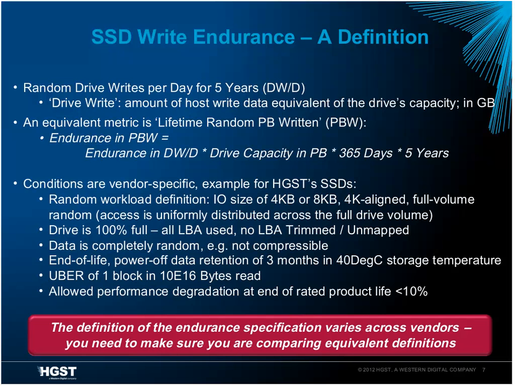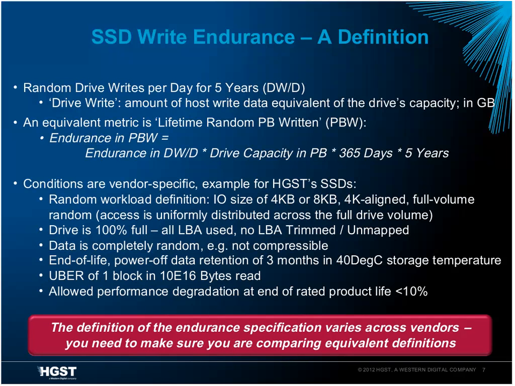And the conditions vary by vendor, but for HGST's SSDs, we spell out some of the worst case limits when we look at endurance metrics. Things like random workload with full volume uniformity distributed across the drive, 100% full drive writes, not fresh out of the box, completely random, so no compression, at end-of-life retention of 3 months after power off at 40 degrees C storage temp, and an UBER spec of 10 to the minus 16th.